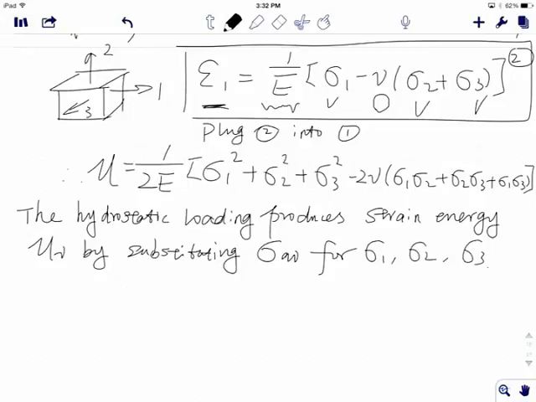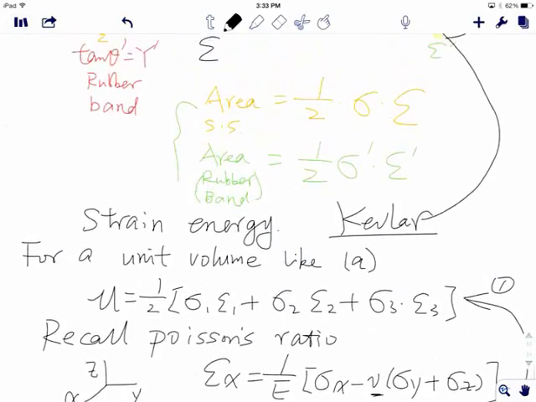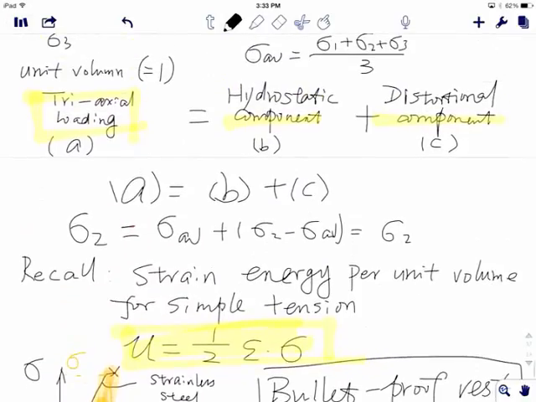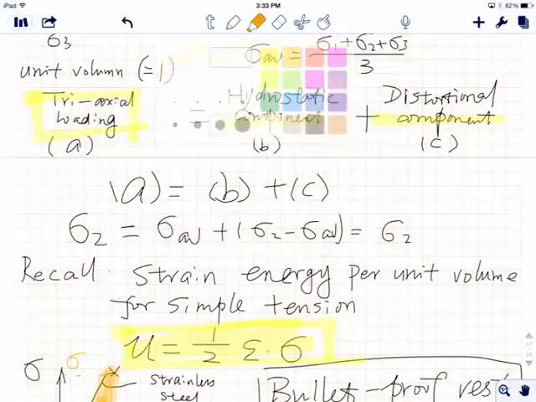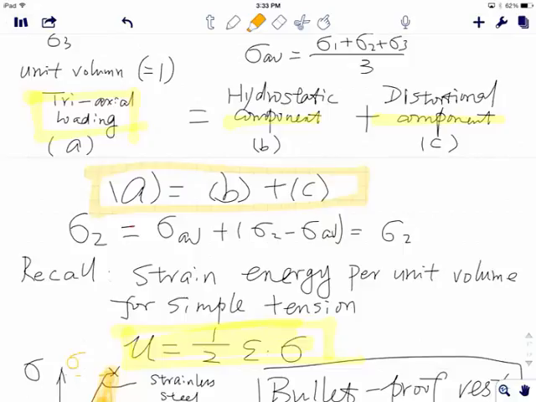What I'm trying to do is look at the energy perspective. We agreed on this: case A equals B plus C. I'm just decomposing the stress into two parts, one hydrostatic, the other distortional. From an energy perspective, whatever energy happens here should equal the energy in B and C added together.